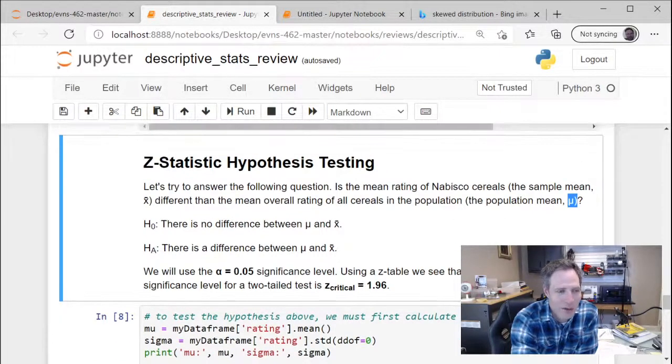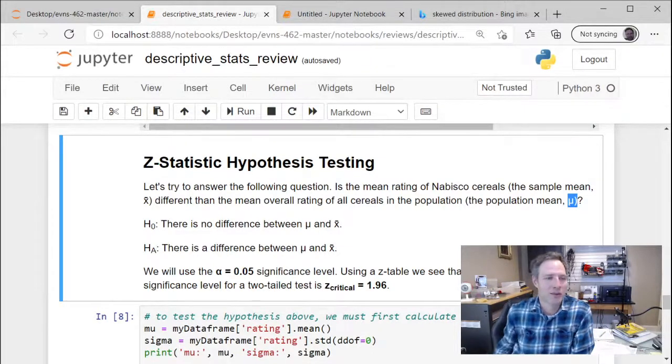So we formulated a null hypothesis. The question we're really interested in is, are Nabisco cereals rated differently than the other cereals? So the null hypothesis would be there is no difference, that the population mean mu is equal to the sample mean X bar.